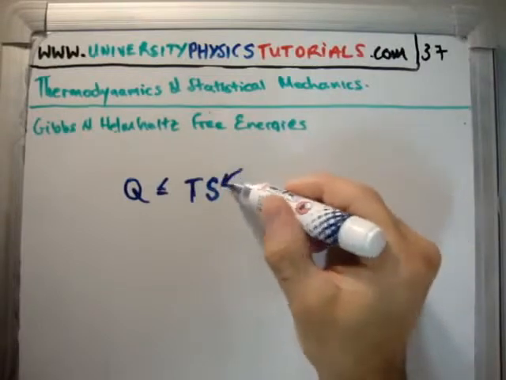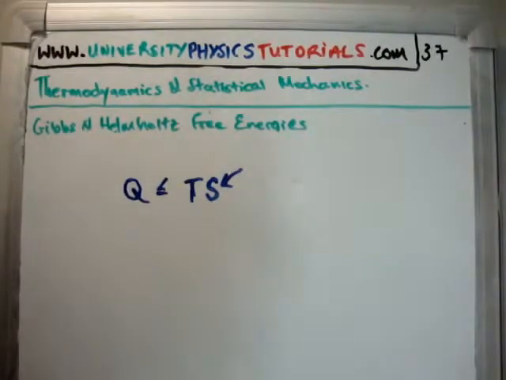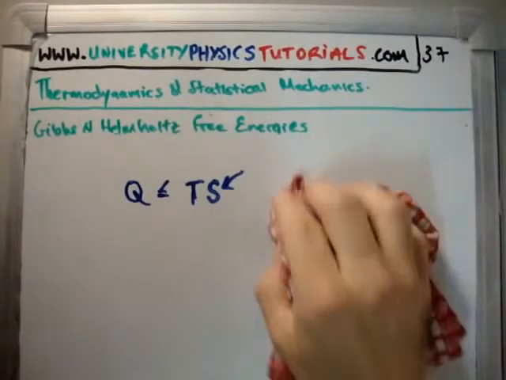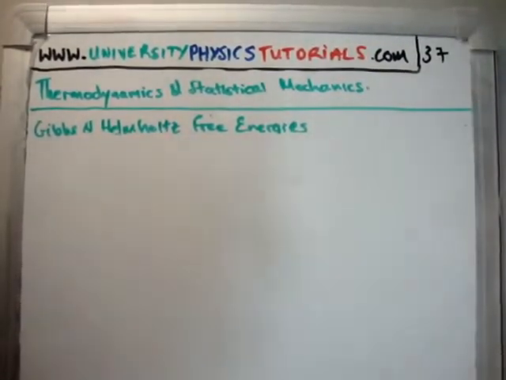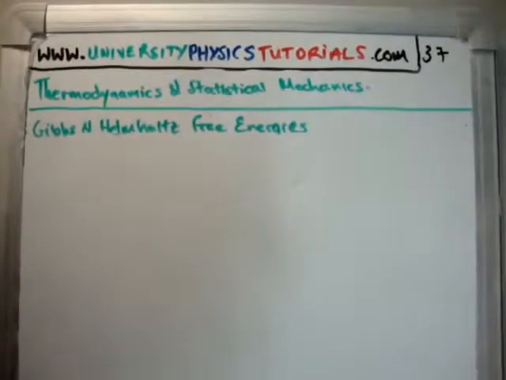So if you create a system with high entropy, you're able to put in more heat from its environment. I think you should just accept that. So a system which has more entropy will be allowed to receive more energy as heat from its environment.